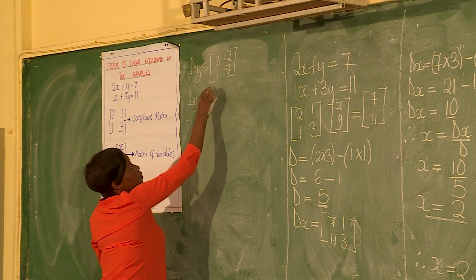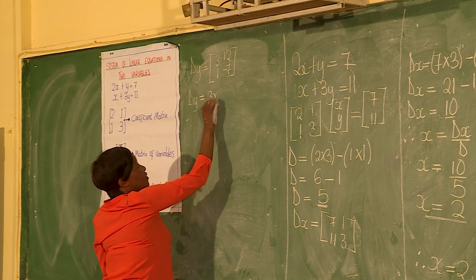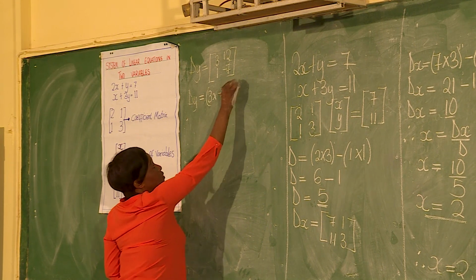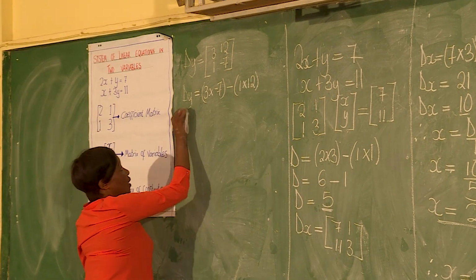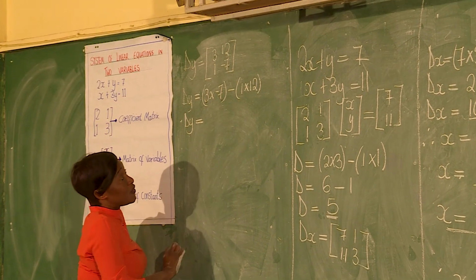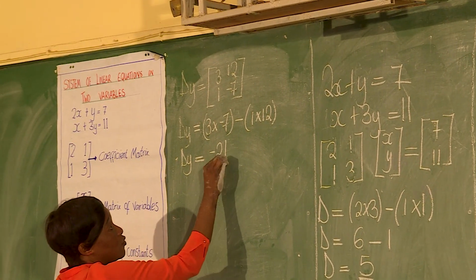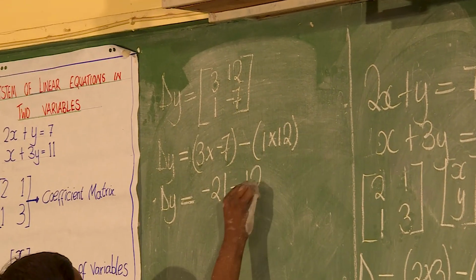will be equal to 3 multiplied by negative 7, then minus 1 multiplied by 12. So what is 3 multiplied by negative 7? Negative 21. Then minus, what is 1 multiplied by 12? 12.